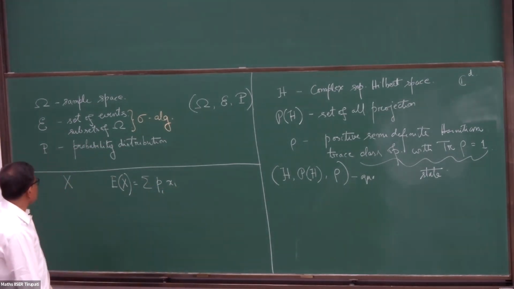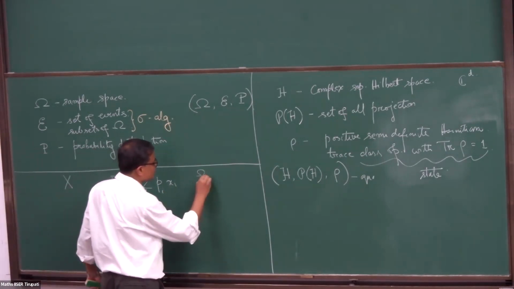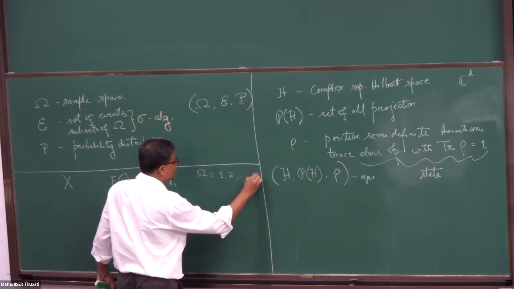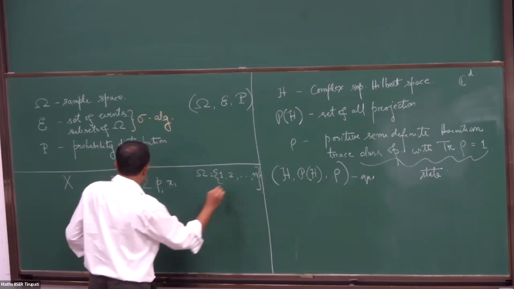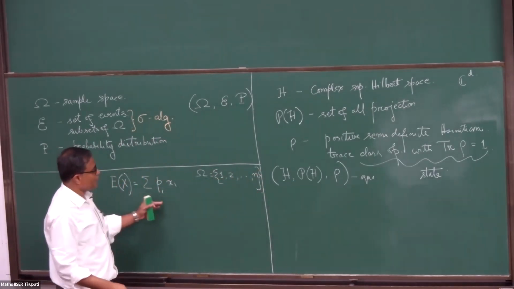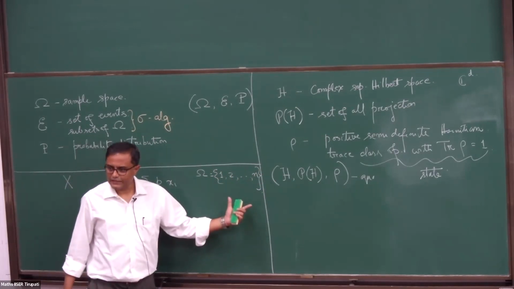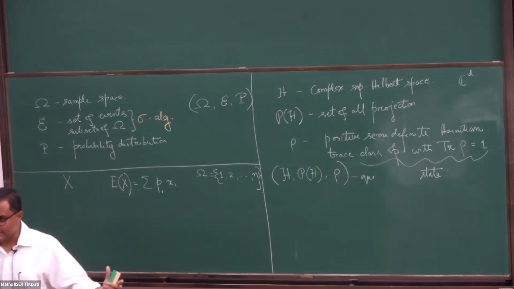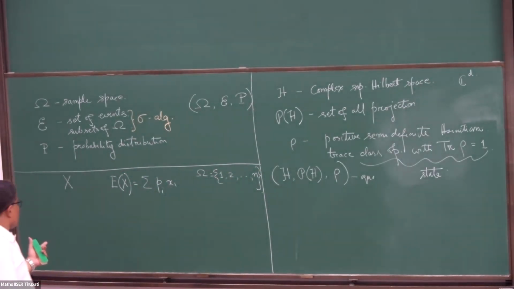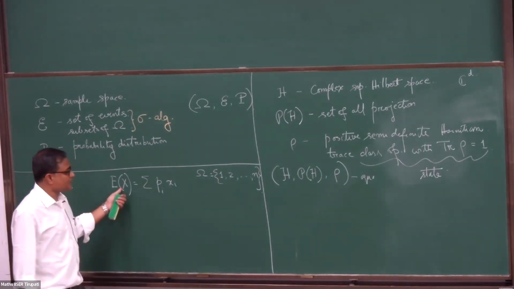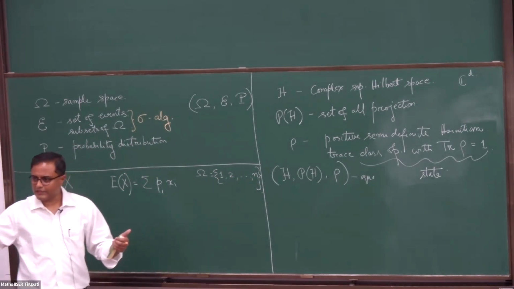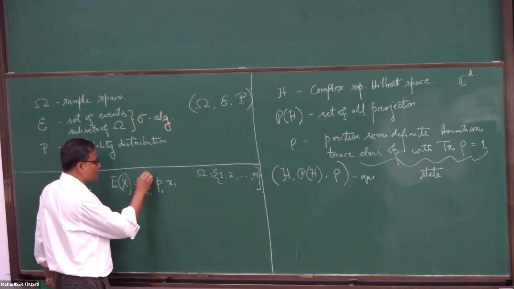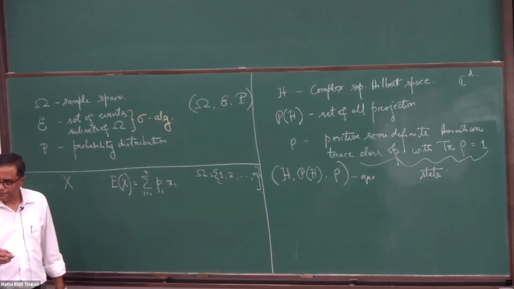So, I take the sample space omega equal to, let us say, 1, 2 etcetera up to n outcomes, and I have these probabilities p1, p2 etcetera pn of each outcome, summation pi is equal to 1, all the pi's are greater than 0. And then if you have a random variable x, it will take the values x1, x2 etcetera xn, and then the expectation will be of the form sum over i equal to 1 to n of pi xi.